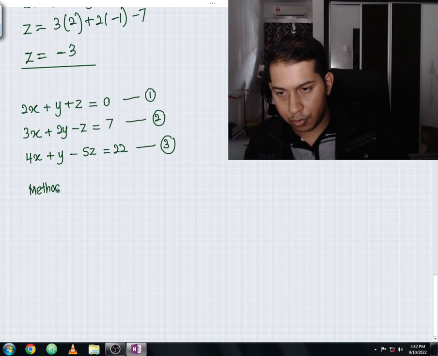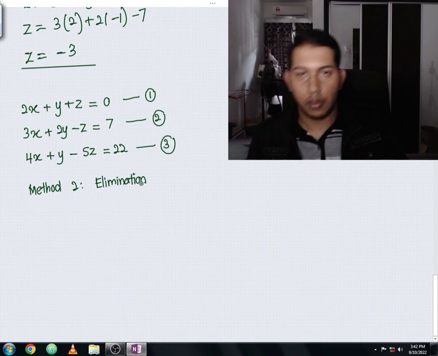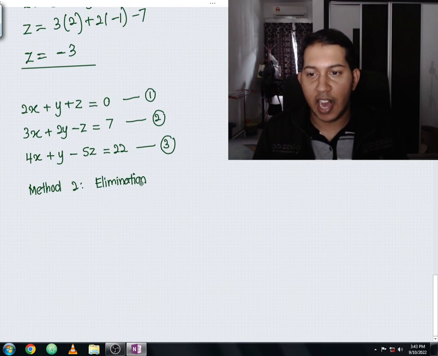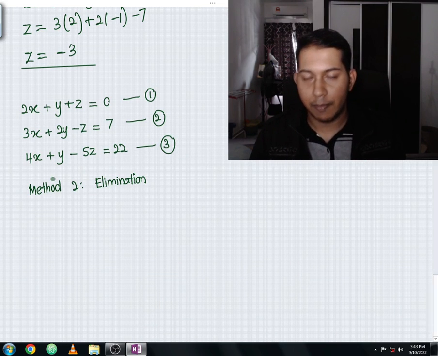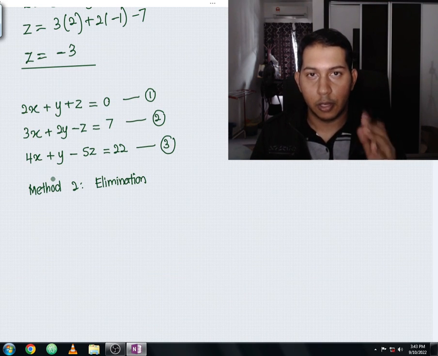Method 2, elimination. If you ask me personally, I prefer method 2 over method 1 because method 1 is longer. Method 2 is faster, it's just that you need to be extra careful when you are doing the elimination. But if you do more practice, I'm sure that method 2 will be your top preference.